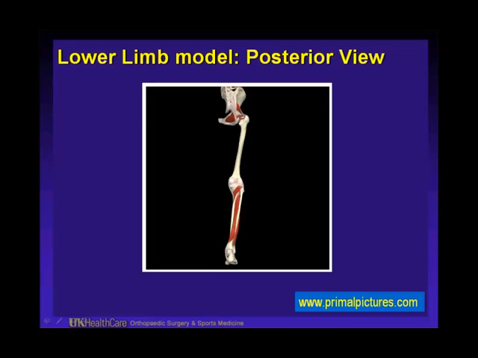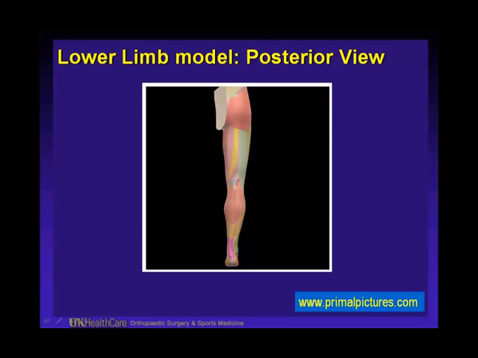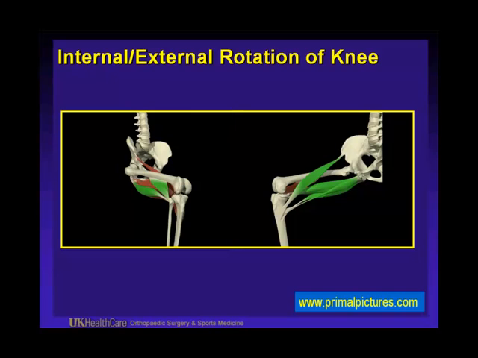The origin is distal, insertion is proximal. Get your medial hamstrings, biceps, another medial hamstring, gluteus maximus above, IT band, and the sensation.